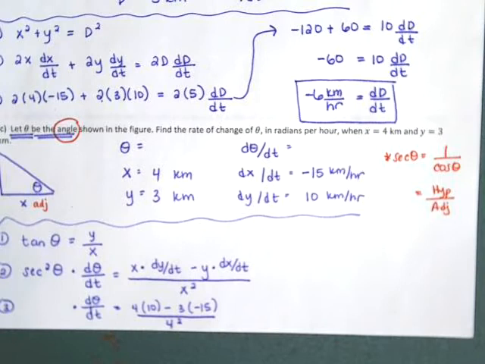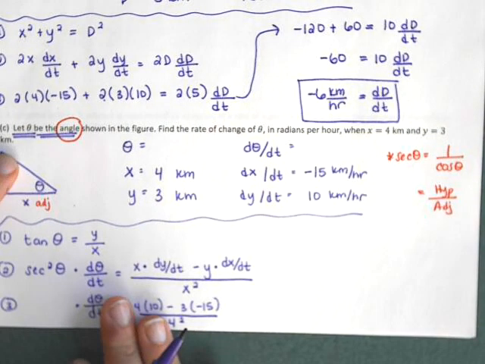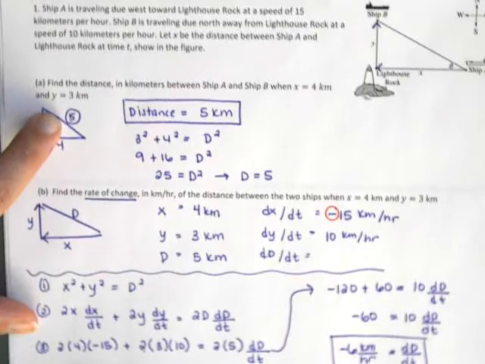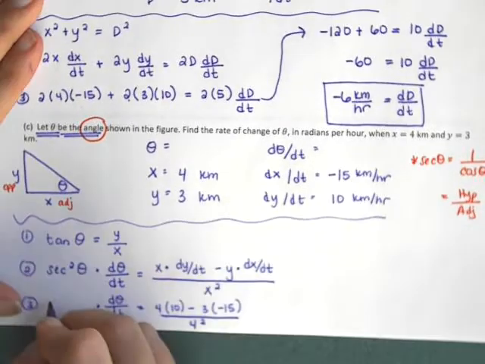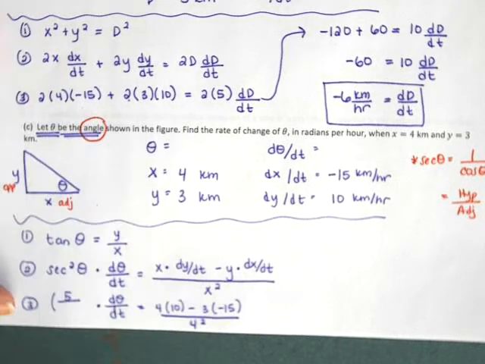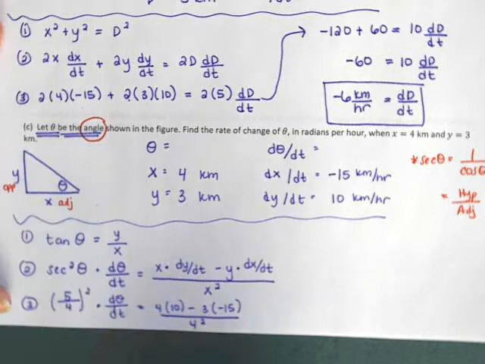Because of the work we did in the previous parts of the problem, I know that the length of this hypotenuse is 5. We figured that out in part A, and we used it again in part B. So the hypotenuse would be 5 over the adjacent is x, which is 4.